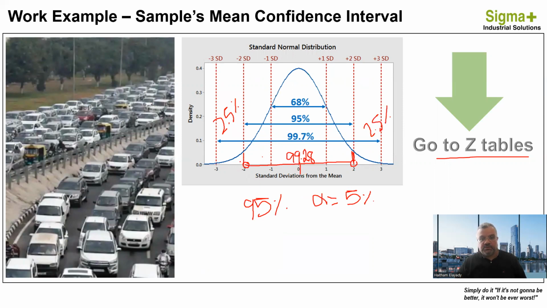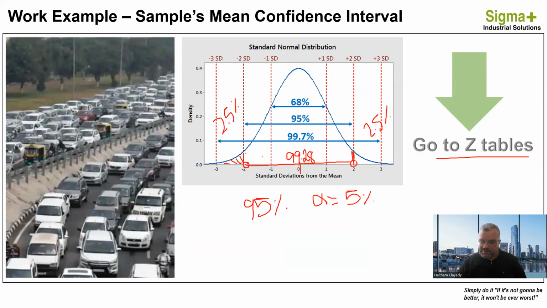So if I go to the z-score table, I will first see what the z-score is at this area. I will consider the area under the curve that I have highlighted, which is 0.025. Then I will check the z-score by taking as reference the area under the curve which is 97.5%.